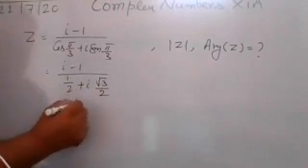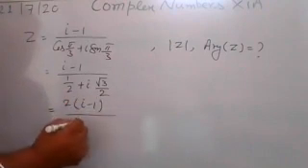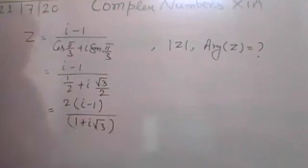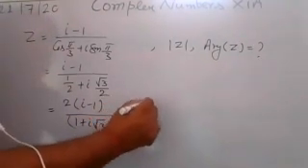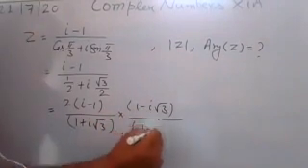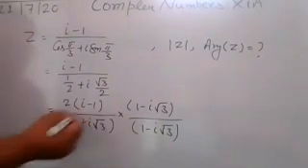So you have 2 times i minus 1 divided by 1 plus i root 3. Understand? Now taking its conjugate, 1 minus i root 3 divided by 1 minus i root 3. Yes, multiplying.